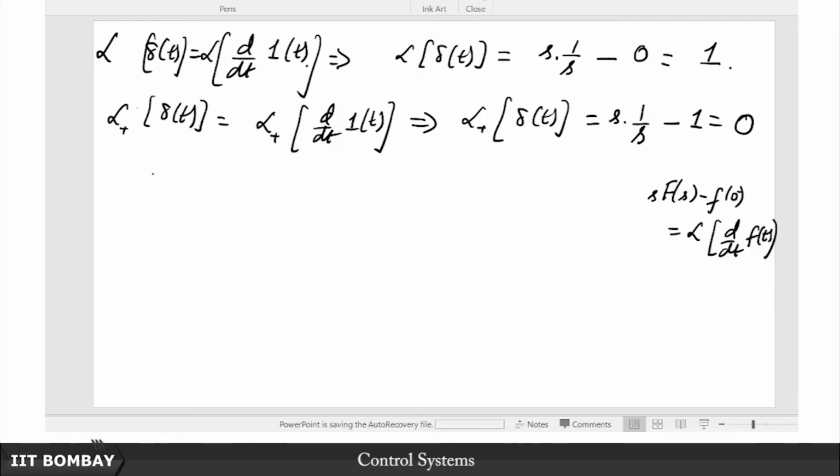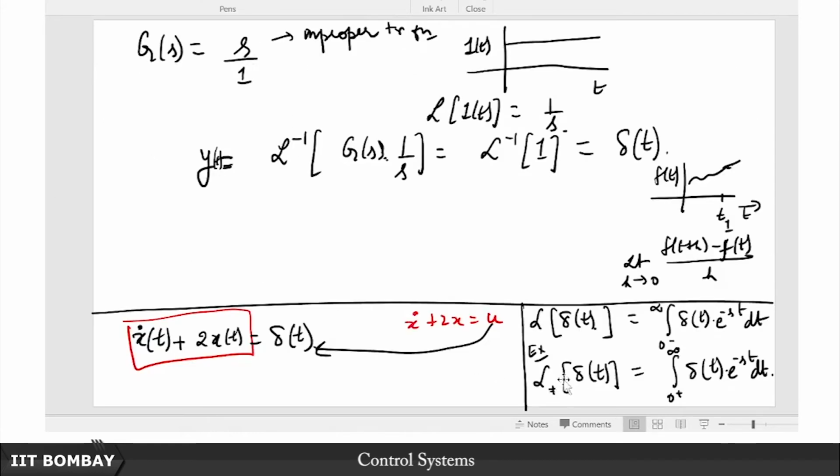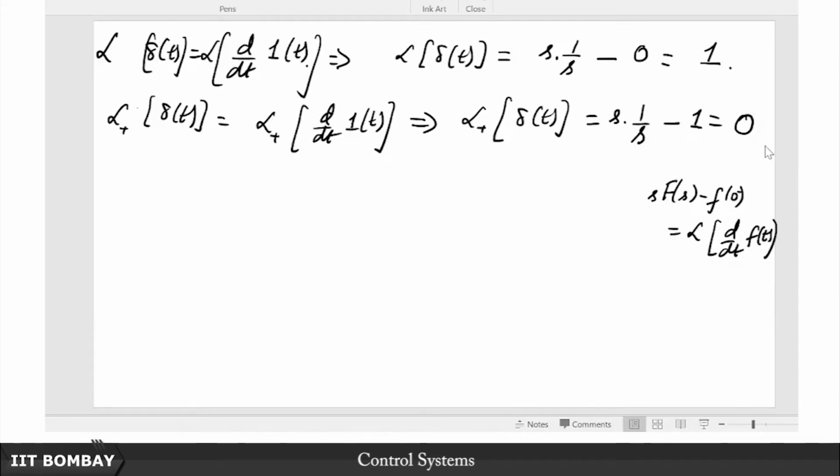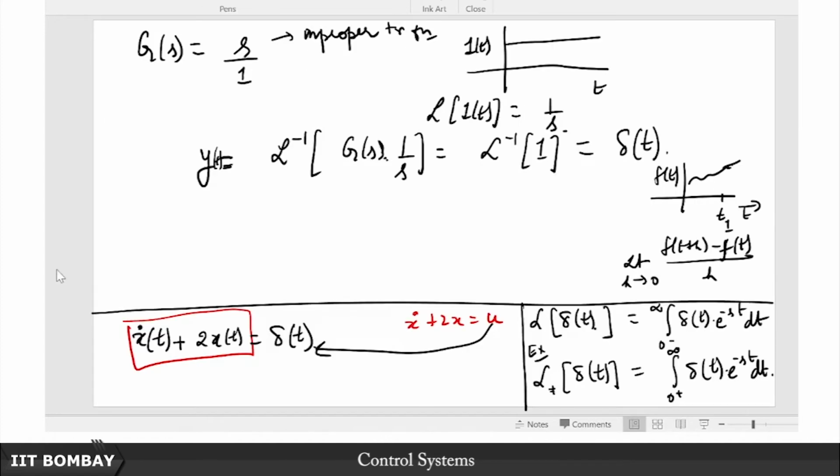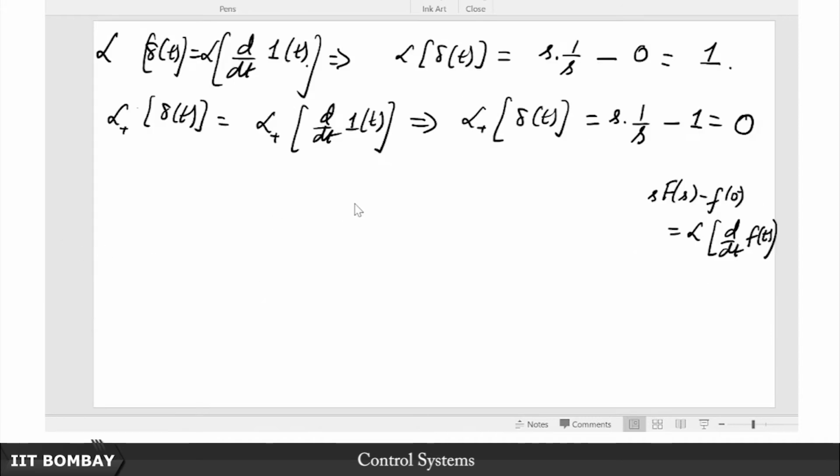So it means that if you are taking the L plus, that is this Laplace transform of the impulse, then you are going to get 0. So basically it is as if this function has not existed at all. A moment's thought will tell you this is not so counterintuitive or surprising at all. Why? Because if you are trying to solve for this, essentially what you are trying to see is the effect, right.